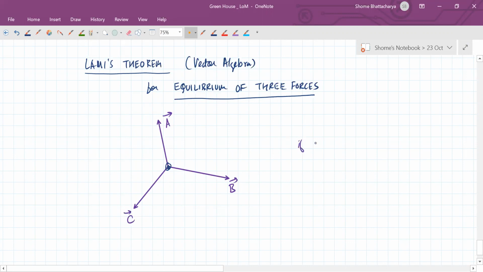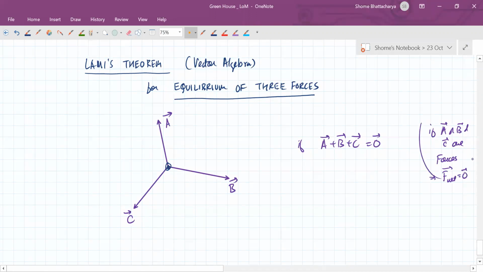So if the sum of these three is 0, so for example, if A and B and C are forces, it means that net force is 0. So that's what we mean by saying equilibrium of three forces. But it could be any three vectors. It could be the sum of three velocities, the sum of three displacements is 0, whatever.